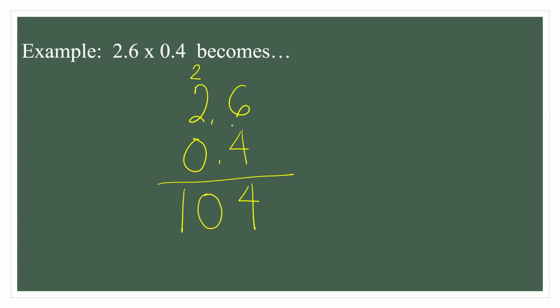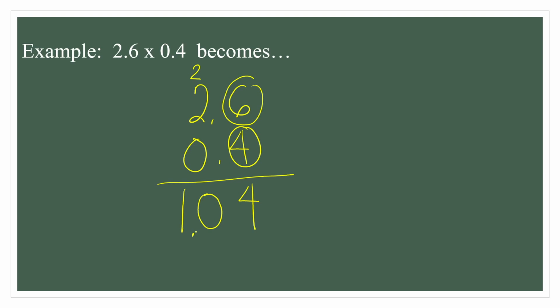Now, my question is, how many decimal numbers are there in our given? 2. Duha ka decimal numbers. Meaning, na ako'y 2 decimal numbers as well. So kabantay mo, na ako'y duha ka decimal numbers in my answer.